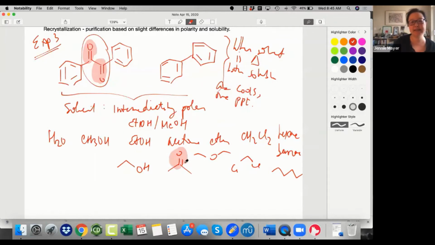So this and acetone might work pretty well because they're going to be miscible with each other, or this will be soluble in this. Maybe too soluble though. Maybe this might work, and then maybe this might work also. So how would you really know? I think from experience, you just have to try it and see what actually happens.